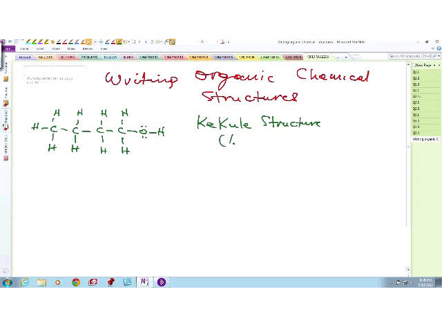Whenever you write the Kekulé structure, I do want you to indicate non-bonding pairs of electrons wherever it is appropriate, in this case with oxygen. Notice in the Kekulé structure, you have to show all of the bonds to all of the atoms, right?